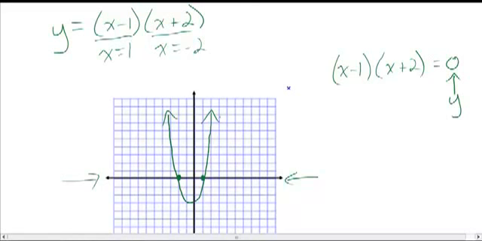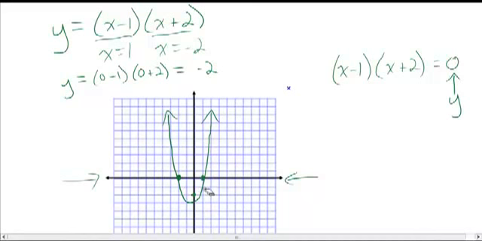Keep in mind also, if you want one more point, you can plug in 0 for x, and that will give you the y-intercept. So if you did 0 for x, you'd have y equals 0 minus 1 times 0 plus 2, which of course is just -1 times 2, or -2. So I'm going to have to draw a better picture than this, because the y-intercept is supposed to be right there.